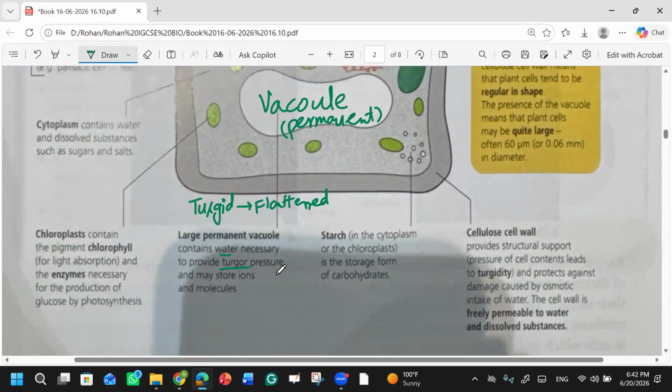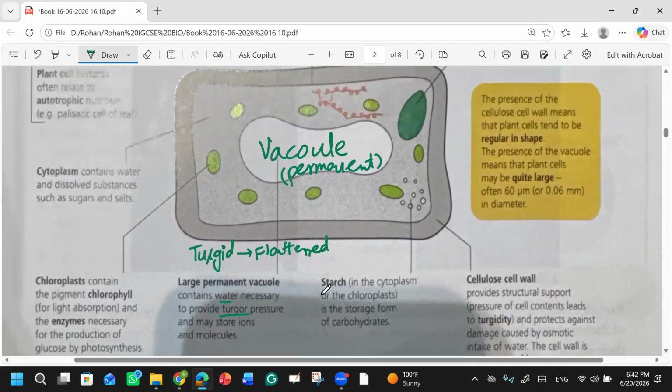Then one more important thing: what is the difference between this and the animal cell? In the animal cell we have discussed that there is glycogen. When you have glucose, the extra glucose which is not used by the cell will be converted into glycogen, but in plants the extra glucose will be converted into starch.